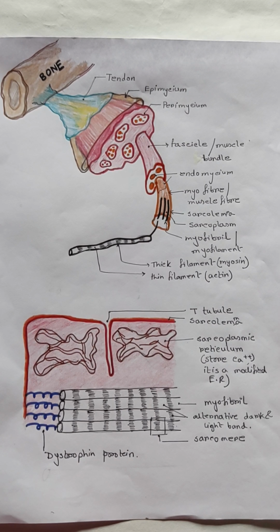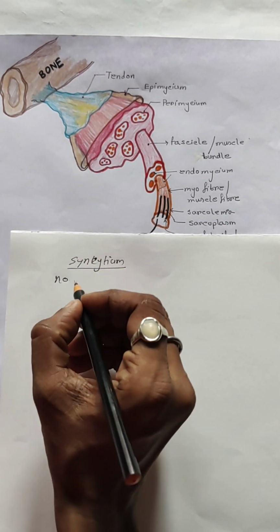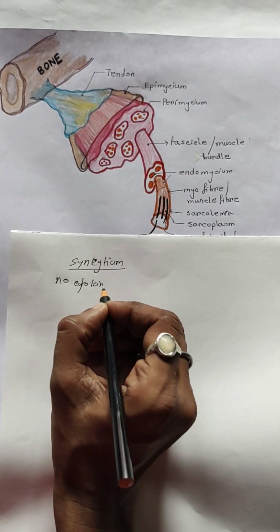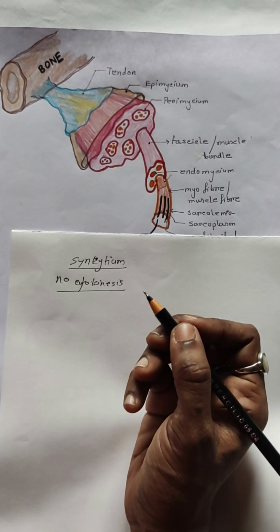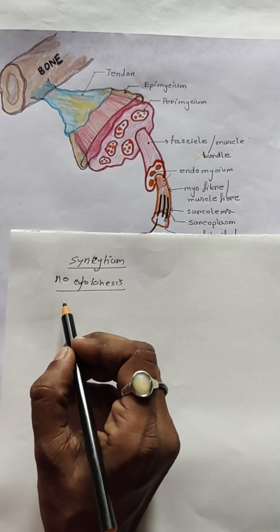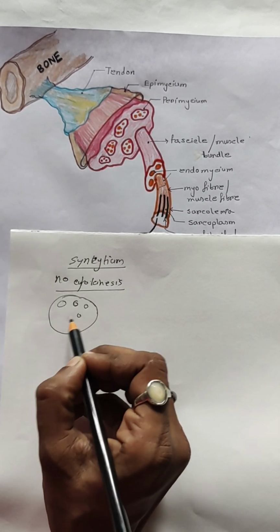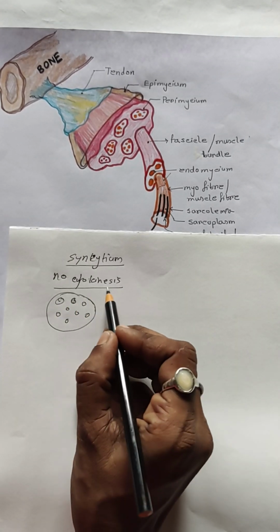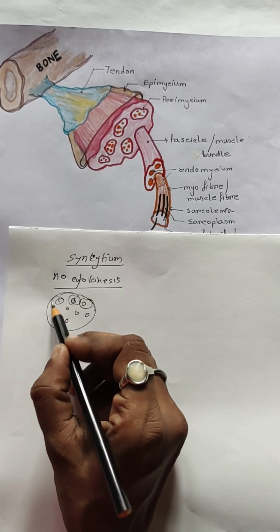What is this? During cell division, if there is no cytokinesis, that means the cytoplasm does not divide, then only the nucleus divides to form more nuclei within the cell. So a cell contains many nuclei. If there is cytokinesis, then the cell will be separated, each with a single nucleus.